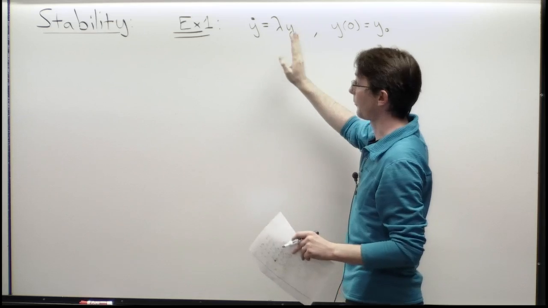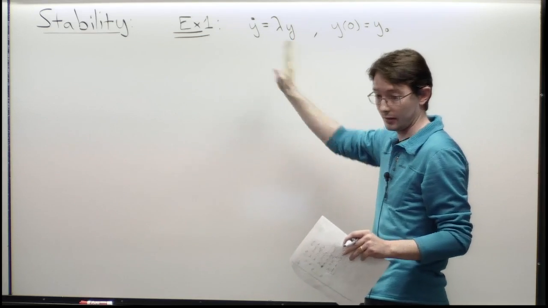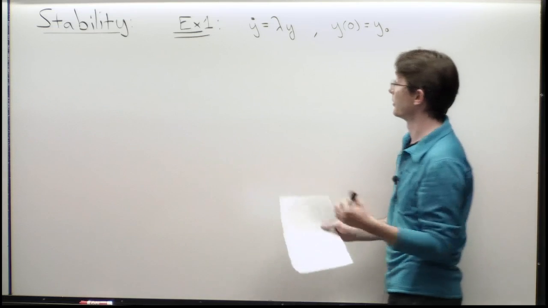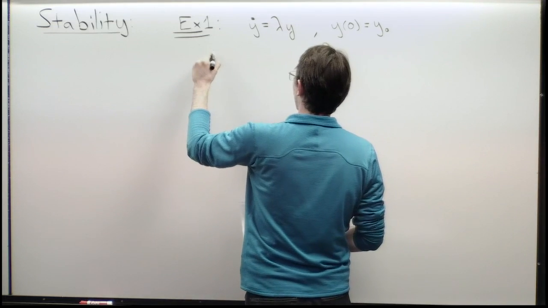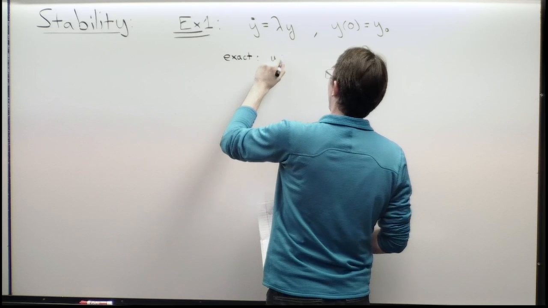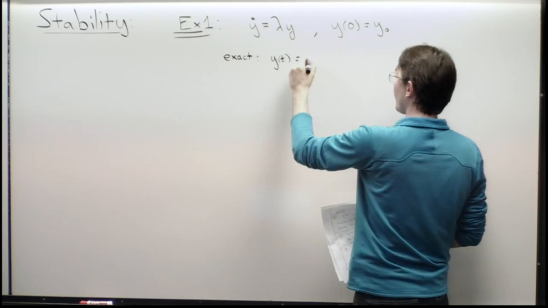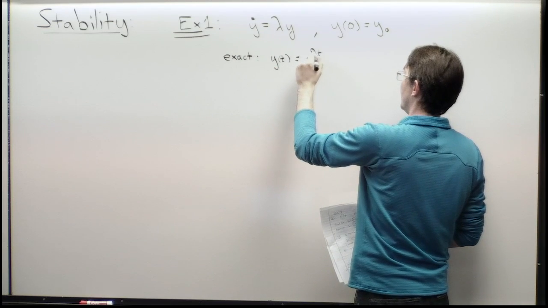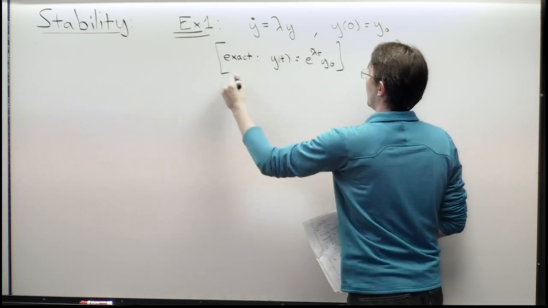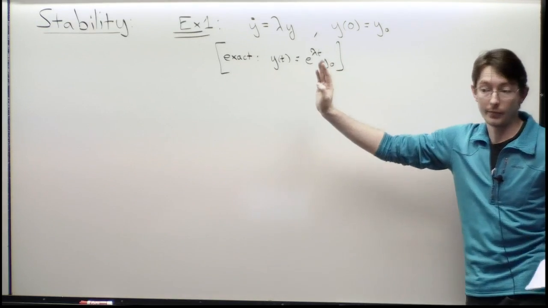This is a linear first order differential equation with initial conditions. I can actually write down the solution. We know the exact solution is y at time t equals e to the lambda t times y naught. So this is my exact solution.